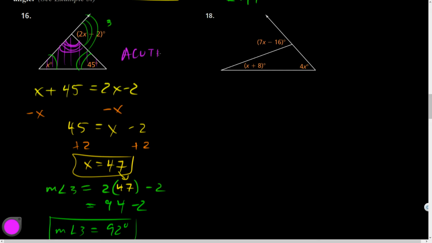That's a little question. For this one, let's just do the setup for it. I'm not going to spend more time on it, but it's the same idea. What's my setup for this problem? What is the equation? Yeah, the two remote interior angles, right? This one and this one add up to be the exterior angle.